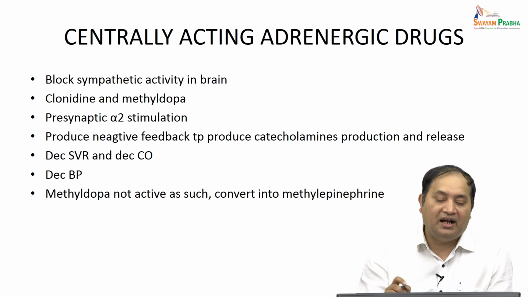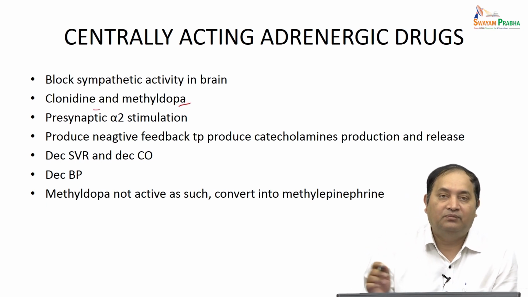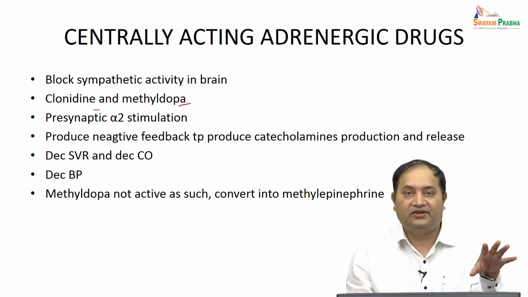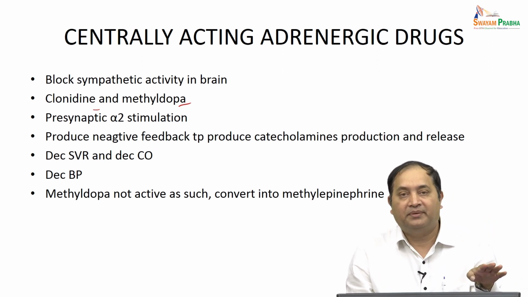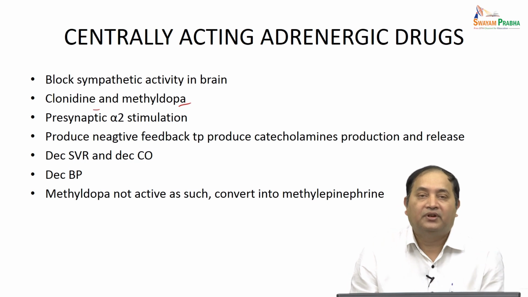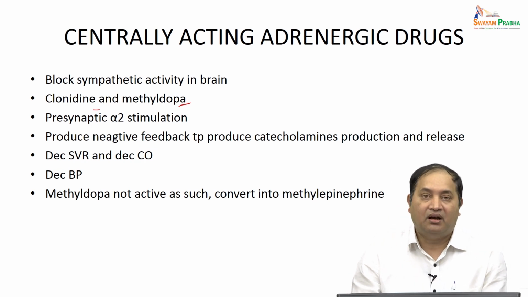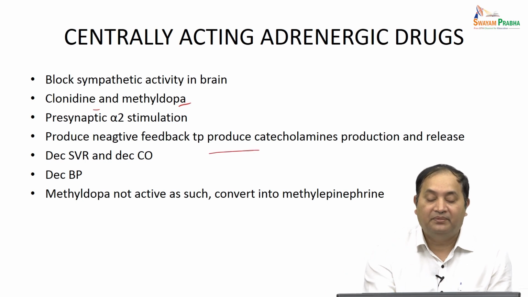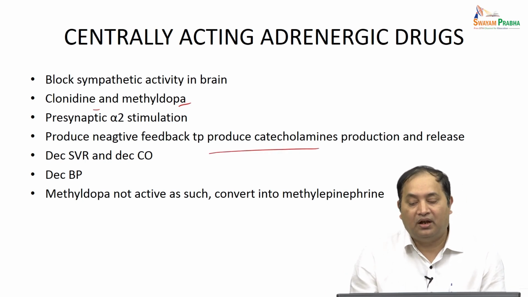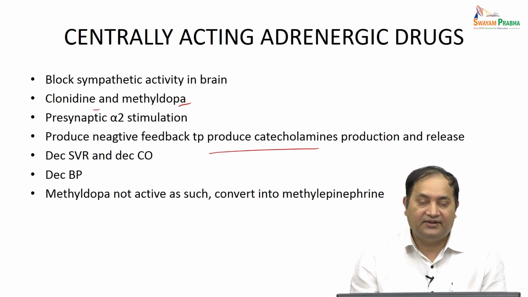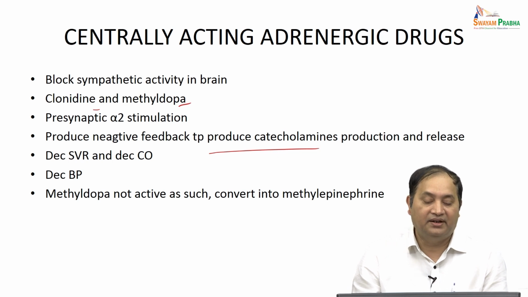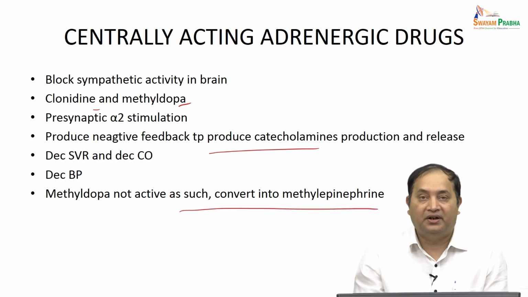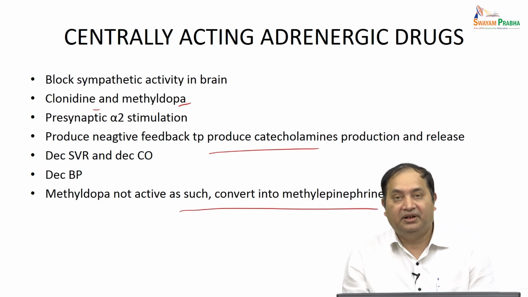So, if you give a drug like clonidine or methyldopa, since it has agonistic action, once it stimulates, there is decreased norepinephrine released from the central activity, and that is how it decreases the blood pressure. So, it produces a negative feedback on catecholamine production and release, and that is how there is decreased cardiac output and decreased BP. Methyldopa especially, as the active form, is converted into methylnorepinephrine.